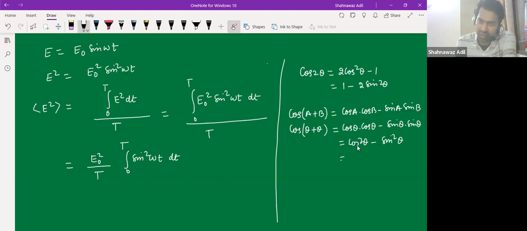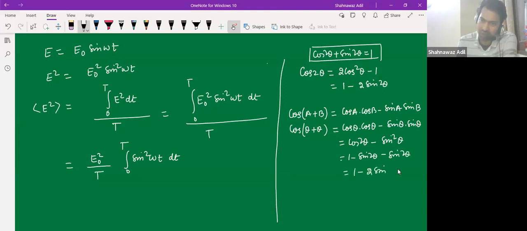And we can also write cos square theta as 1 minus sine square theta, right? Because cos square theta plus sine square theta is 1. So this will become 1 minus 2 sine square theta. So that is what I have written.